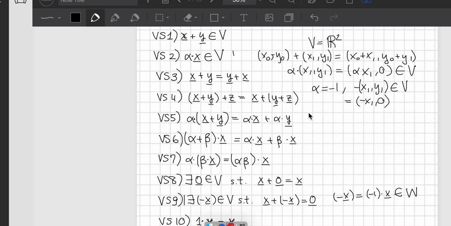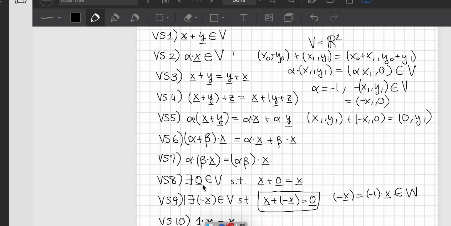So if I calculate (x1, y1) plus (negative x1, 0), I just add component-wise and I get (0, y1), which is not the 0 vector of V. The 0 vector of V is the origin, (0, 0). So the second part is not implied. This second part right here, therefore, is not implied by VS2, because in this case VS2 is true, whereas VS9 is not true.